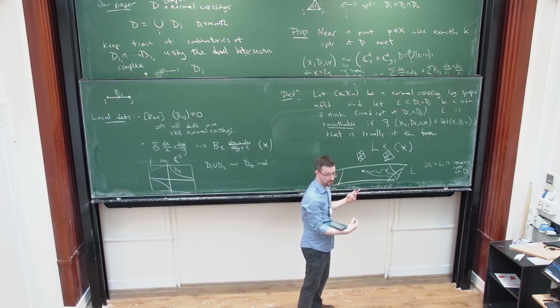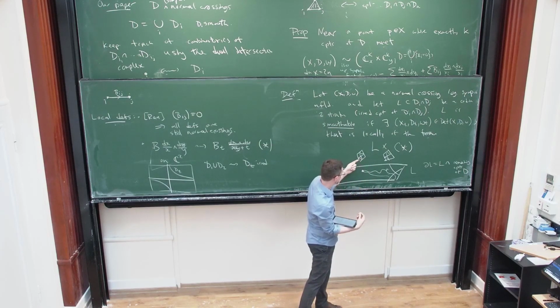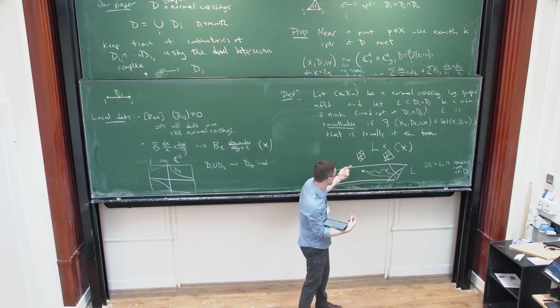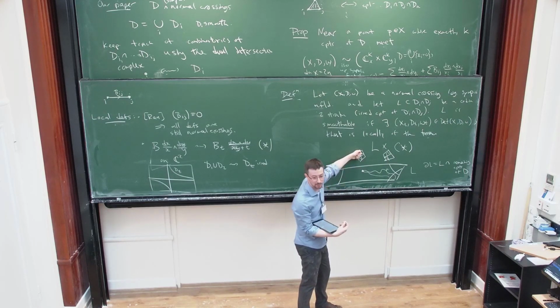Because of a local system, there's a unique way of continuing along this loop, and I may come back and get a different deformation from the one that I started with. And that's obviously also a problem. So there could be monodromy in the deformations.